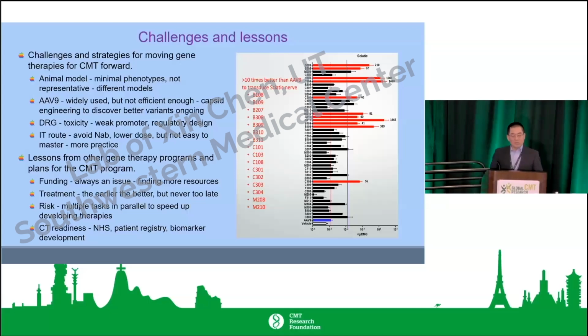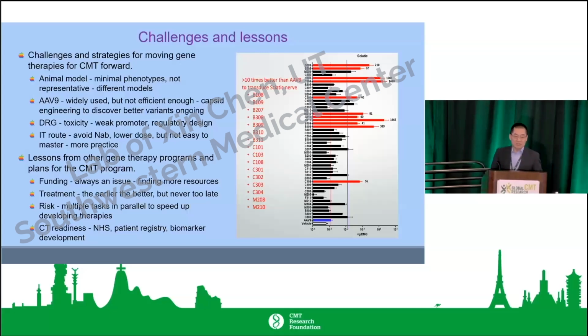For all of these, we worked first on a mouse model, but eventually we also needed to generate or import a rat model to do that study again. The DRG toxicity is still a concern, but fortunately we use a promoter, or we use regulatory design or even a tissue-specific promoter. We can mitigate this DRG toxicity.